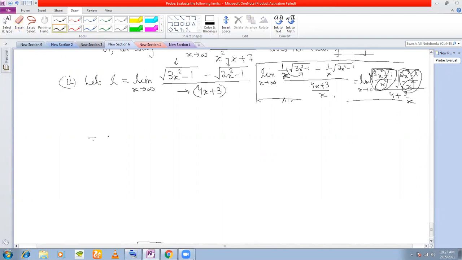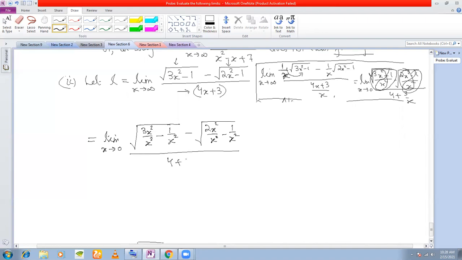See, what I'll do here is I'll write limit x tends to infinity. Now if I separate, this is what I'll get: root over of 3x square by x square minus 1 by x square, isn't it? Minus root over of 2x square by x square minus 1 by x square, divided by 4 plus 3 by x. Now see, this is limit x tends to infinity.